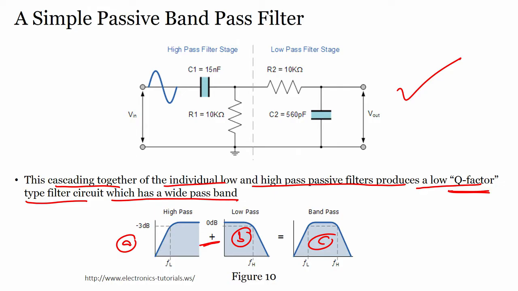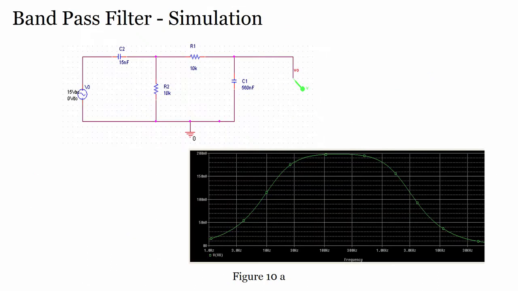Now, if there is a simple passive band pass filter, then let us do the simulation. If I connect it and do the simulation, what do I get? I have frequency on the x axis and gain on the y axis, right. When I design this, I see at the output voltage a plot similar to this, which is gain versus frequency, and I have a band which I am allowing to pass.